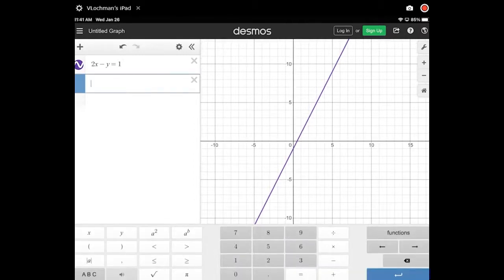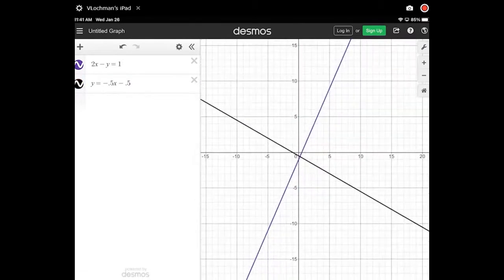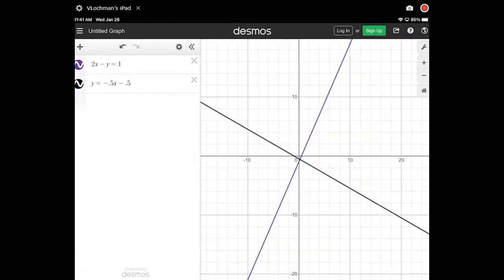So we have that equation right here, and then we've come up with the following function: y is equal to negative 0.5x, nope, that was minus 1/2, so that's 0.5. Oops. I shouldn't have done it because now it's skewed, but it is.